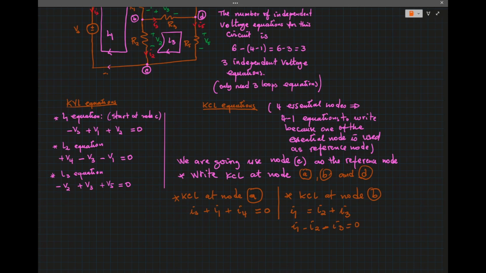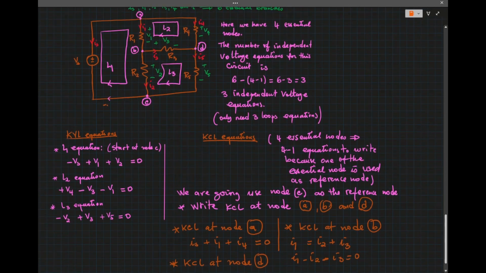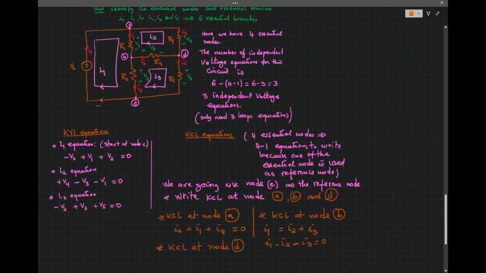So the last one is at node D. KCL at node D. At node D, we have I4 that's coming to that node, and I3, and then I5 is leaving that node.